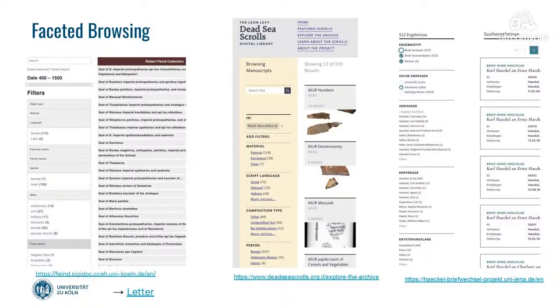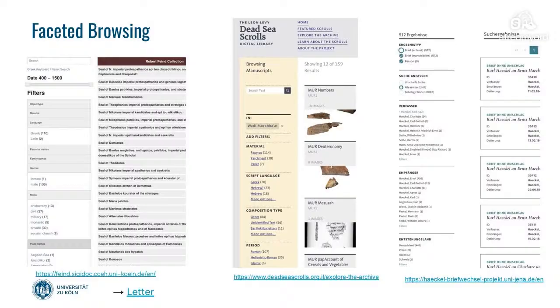So for example, here we have the collection of seals, and there you can, for example, look for Greek or Latin seals, maybe by origin, and the date. If you look at the Dead Sea Scrolls, we have more different materials, more languages, and also some different periods.